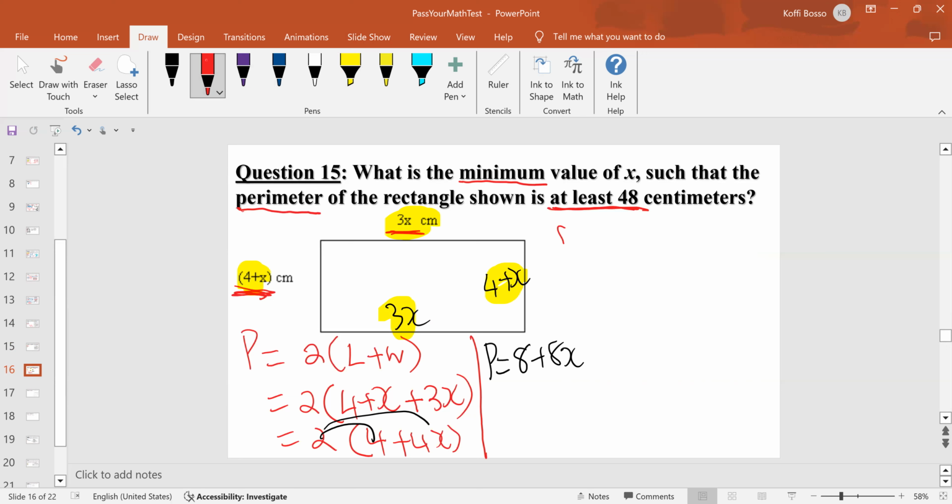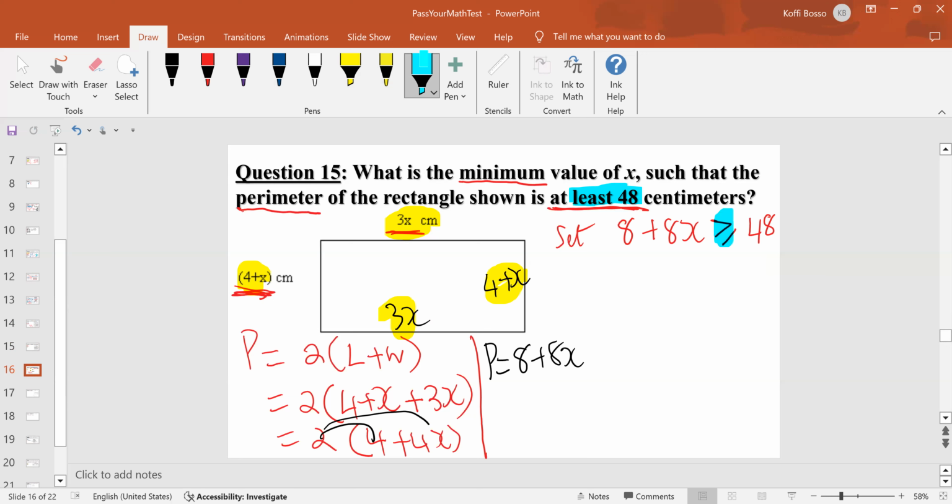That means we need to set up an inequality. So you're going to take 8 plus 8x is greater than or equal to 48. This is very important. At least means greater than or equal to. At least 48 means 48, 49, 50, and so on.